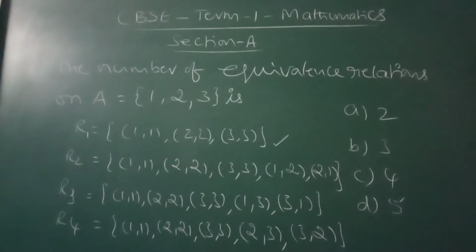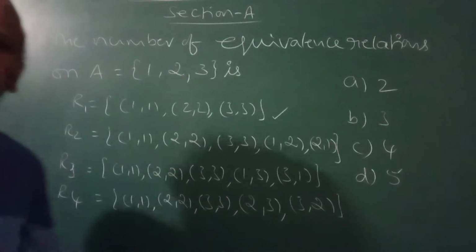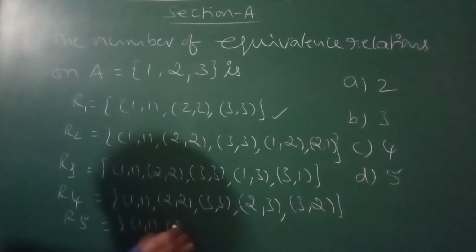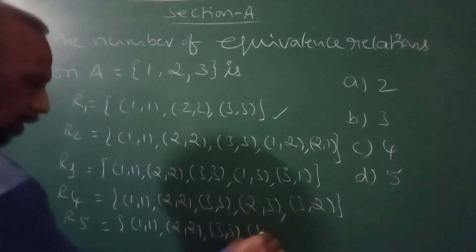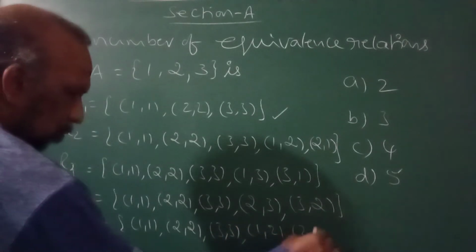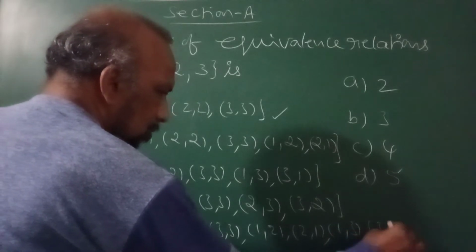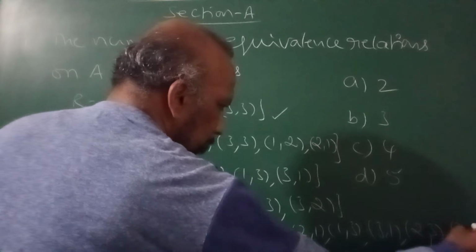We got 4, and another 5th is total A cross A. This is R5. You will get total A cross A: (1,1), (2,2), (3,3), (1,2), (2,1), (1,3), (3,1), (2,3), (3,2).